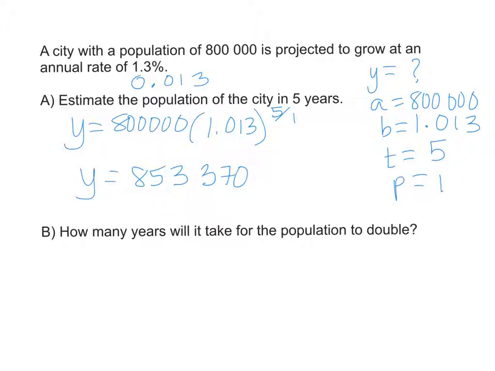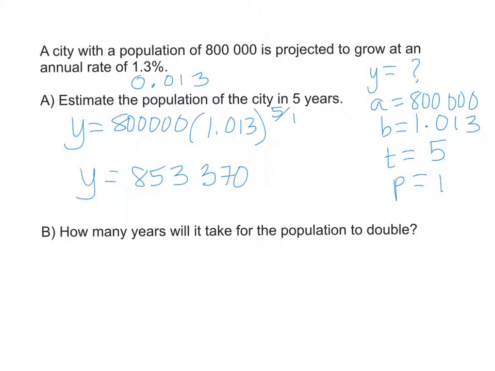I'm going to round to a whole number, right? Because we're talking about the number of people in a city. You need to round it to a whole number. We're not going to have a fraction of a person. So the population in 5 years should be 853,370.